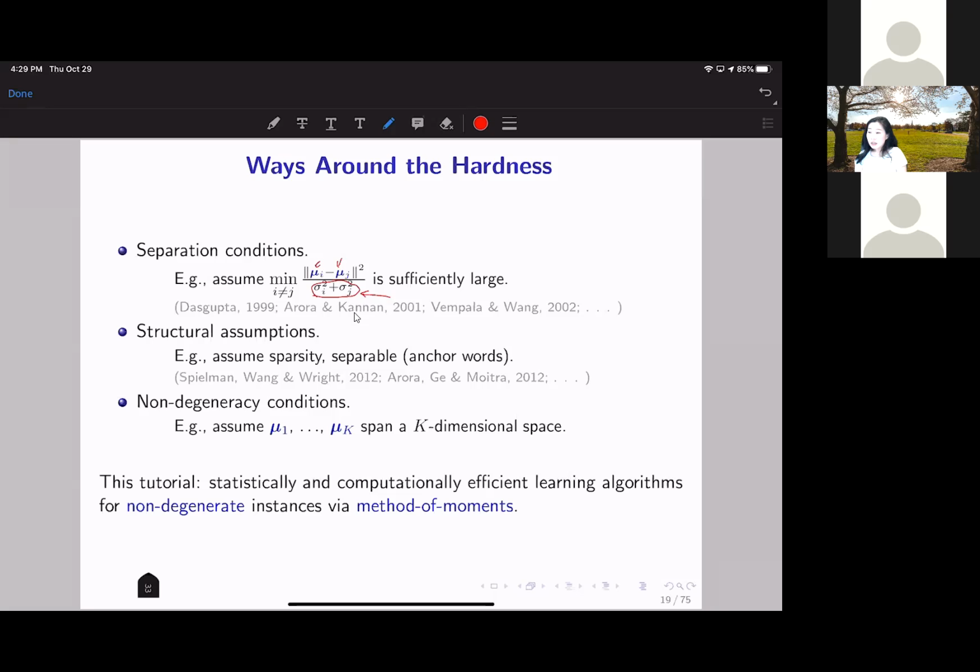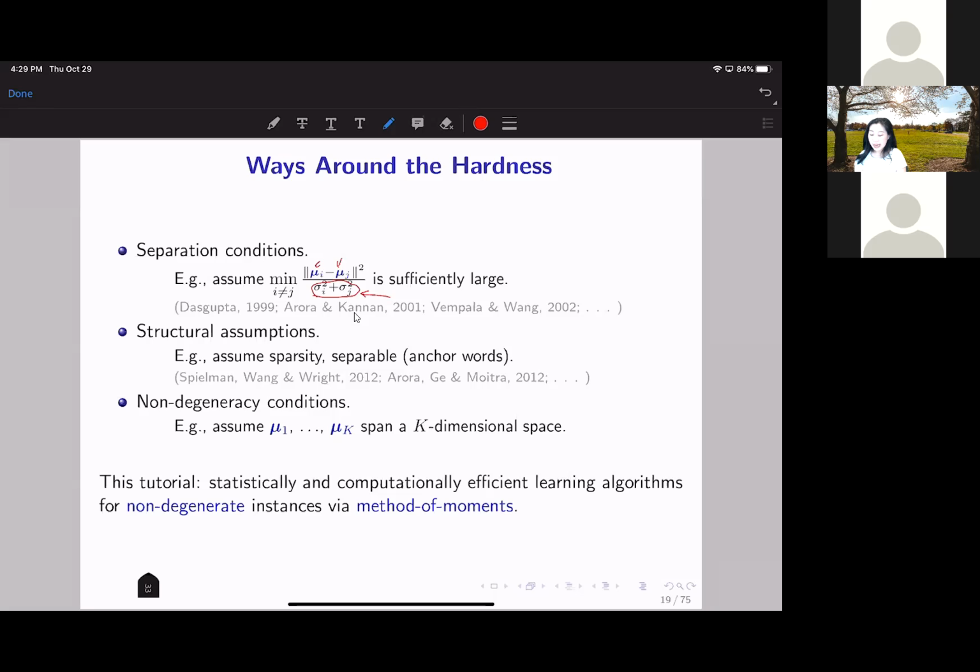Now, there are other kinds of conditions, such as structural assumptions. For example, we can assume that the data has some sparsity, either in the covariance matrices or in the data. Or there is also the separable kind of condition.